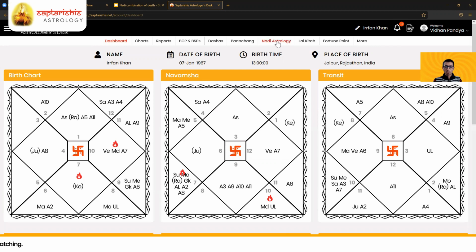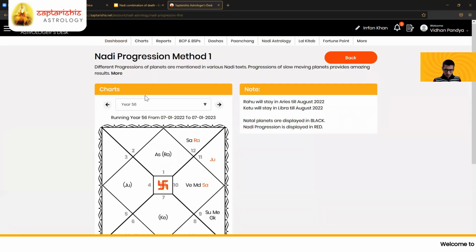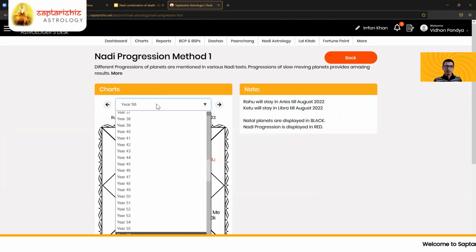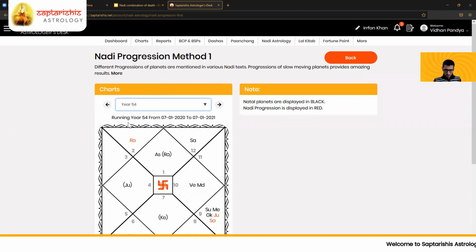So let's look into the Nadi progression, which comes under Nadi Astrology. He died when he was running the 54th year. So 29th of April 2020 falls under the 54th running year.